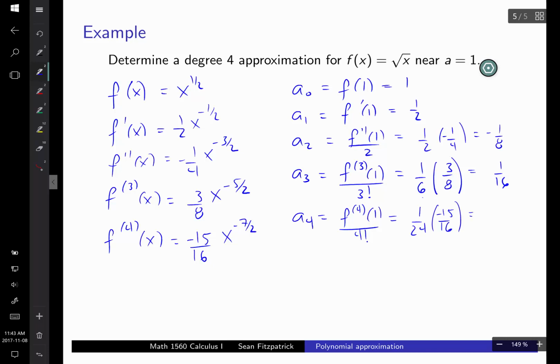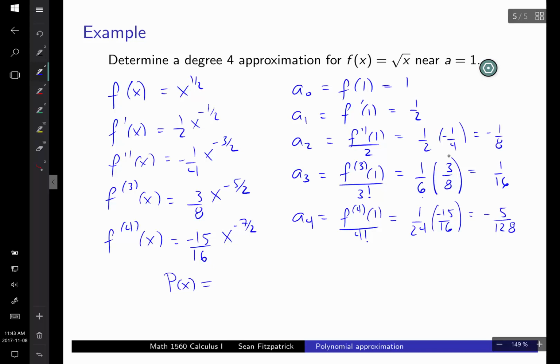And that's going to be, let's see, so I can cancel the 3. 15 over 24 gives me 5 over 8. So I get minus 5 over 8 times 16. So 8 times 8 times 2, 5 over 128.